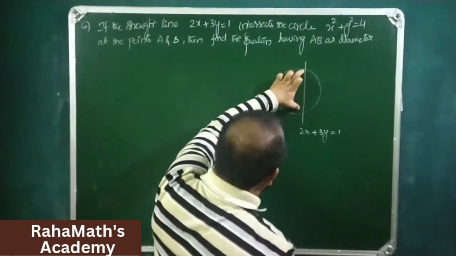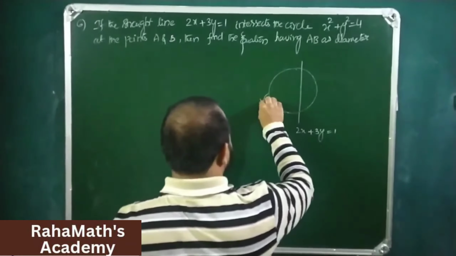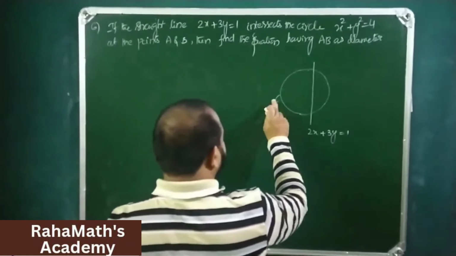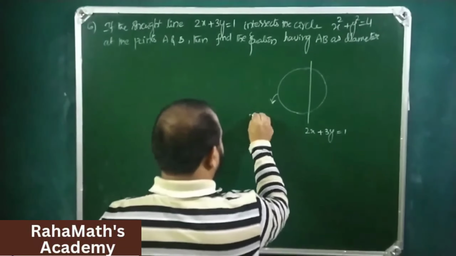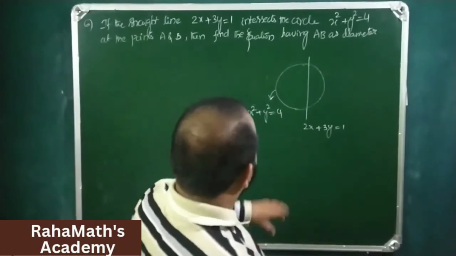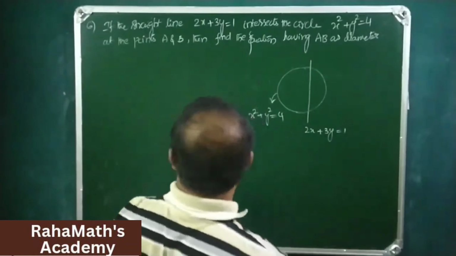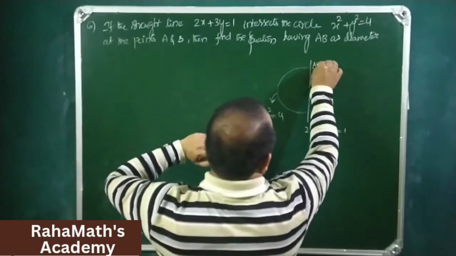This line intersects the circle x square plus y square equals to 4. If this straight line intersects this circle at the points A, B.